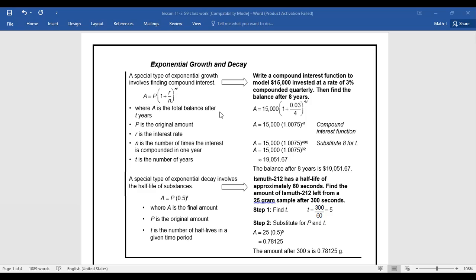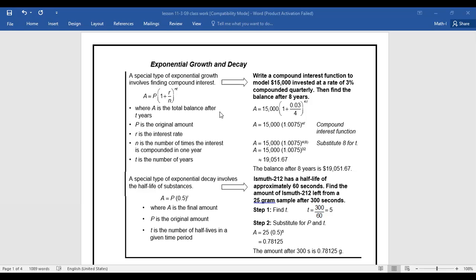Let's take an example. SMAP 212 has a half-life. This is a type of virus like COVID-19, and it has a half-life of approximately 60 seconds. So this virus halves every 60 seconds.